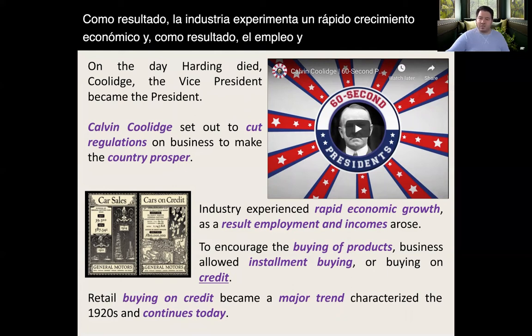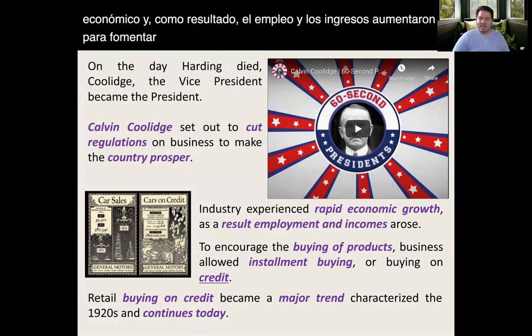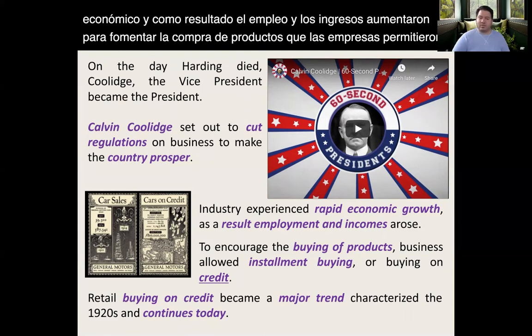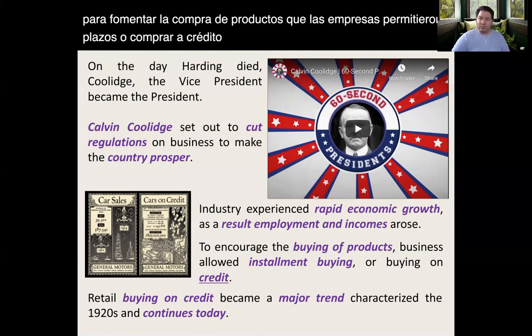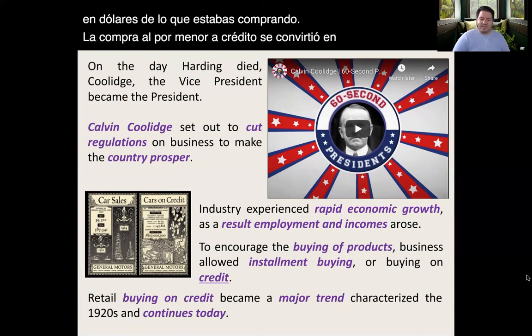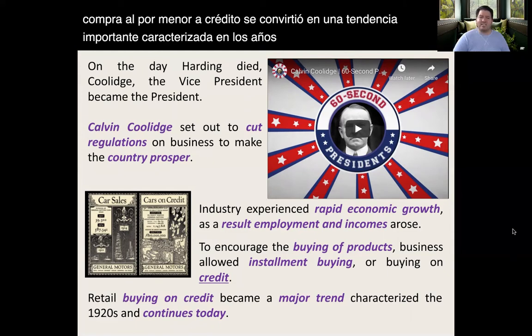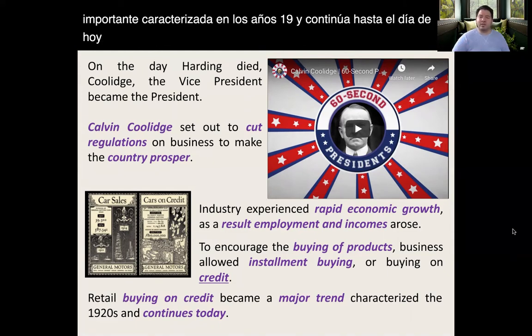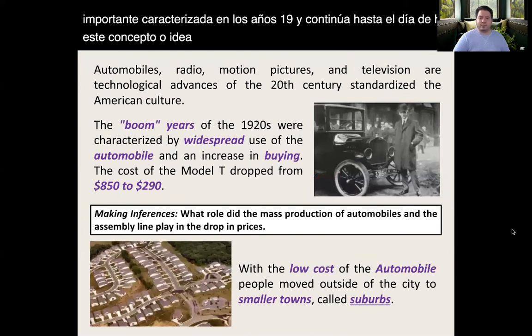To encourage the buying of products, businesses allowed installment buying, or buying on credit. So you didn't necessarily need the full dollar amount of what you were purchasing. Retail buying on credit became a major trend characterized in the 1920s and continues to this day, this concept or idea of consumerism, the purchasing of goods.